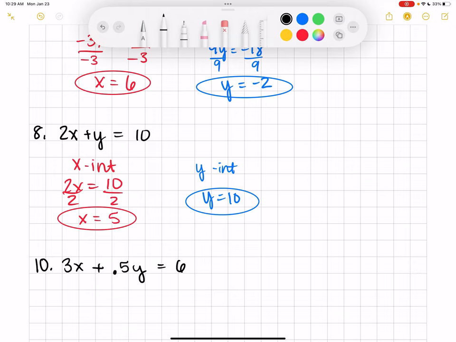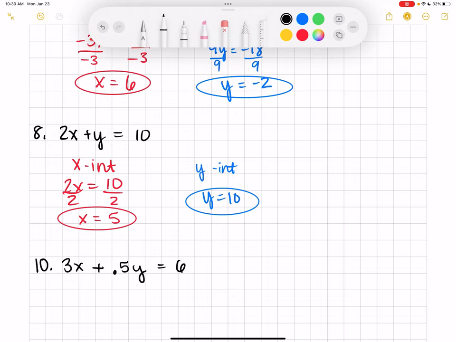Now, what fraction gives me a decimal of 0.5? Like if I said reduce this fraction down, what would the most basic fraction be that gives you 0.5?